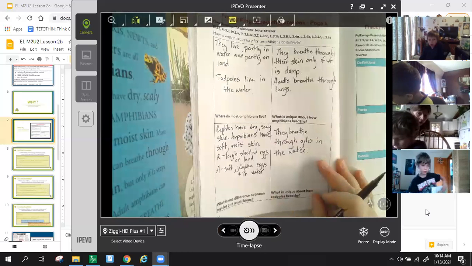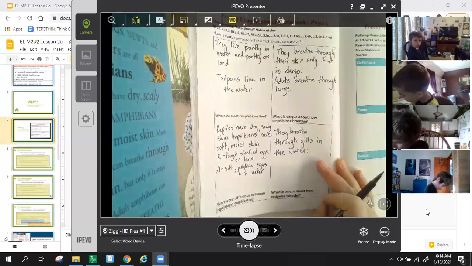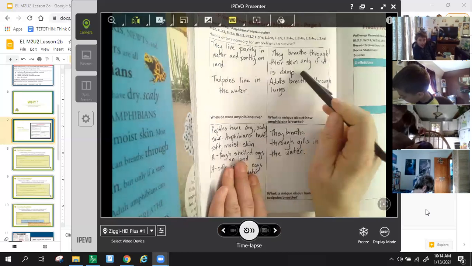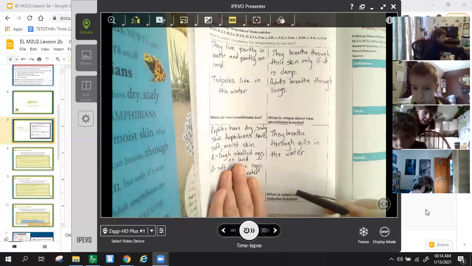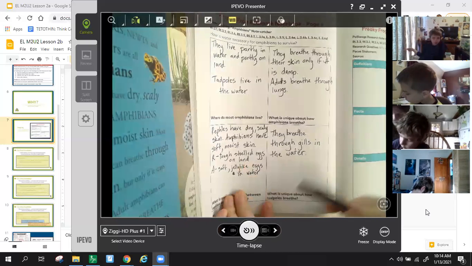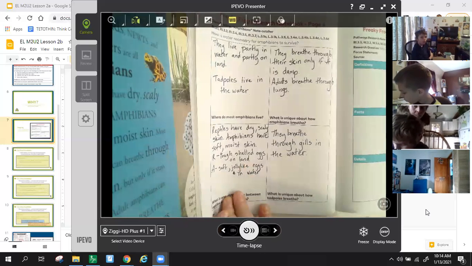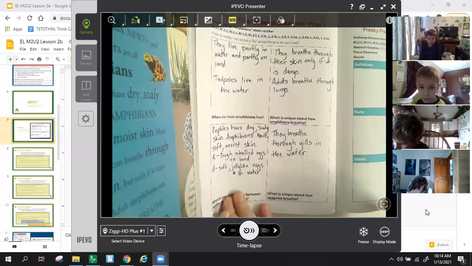So that is quite the transformation, because amphibians breathe through lungs, and they can only breathe if their skin is damp. Then our tadpoles, before they become frogs, breathe through gills. That's quite the change, isn't it? That is quite the change.